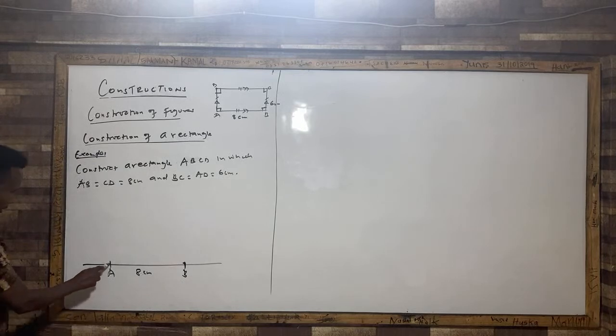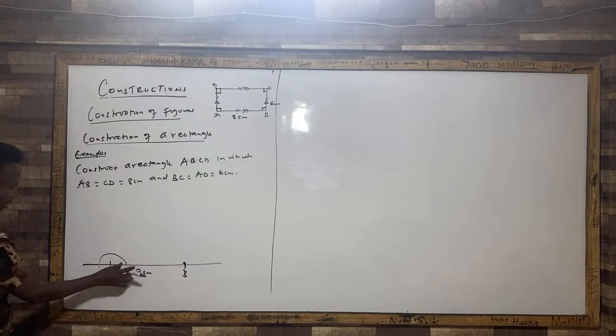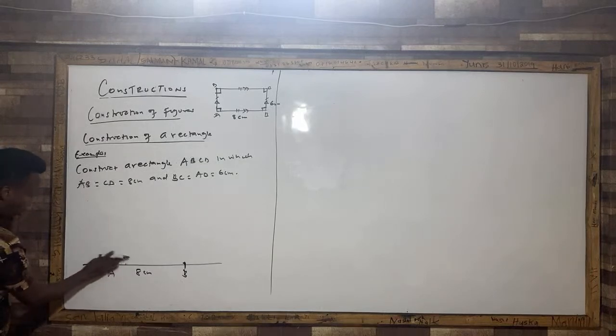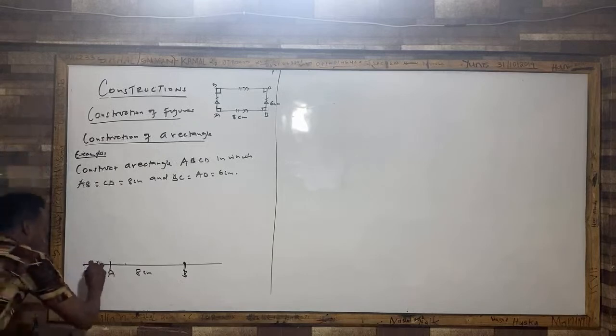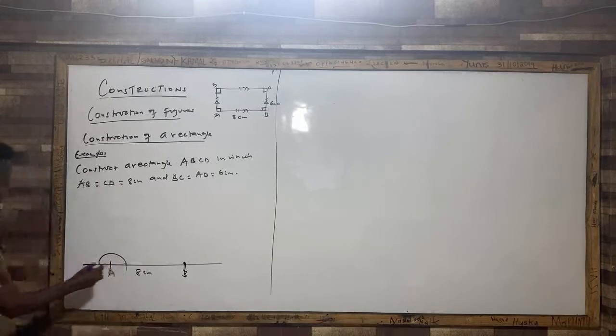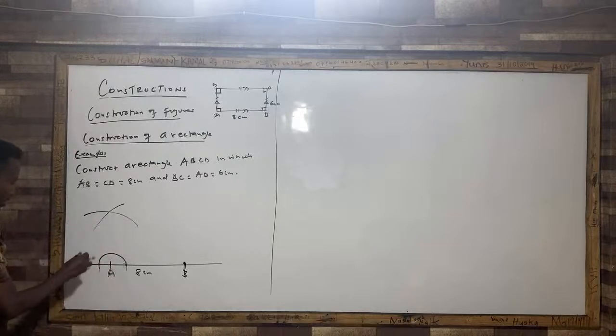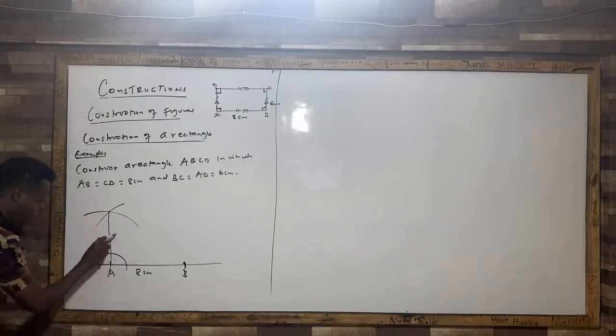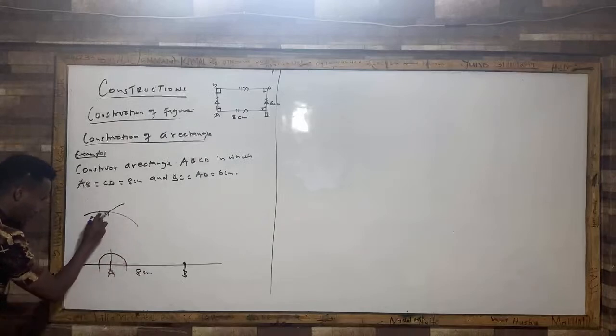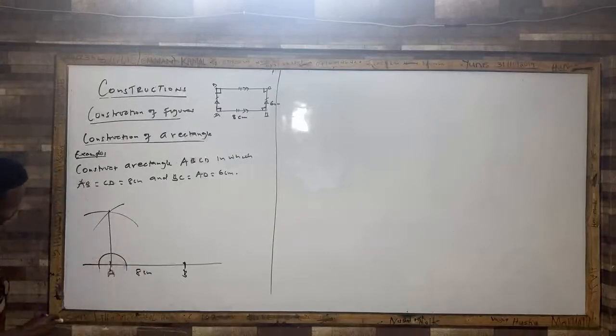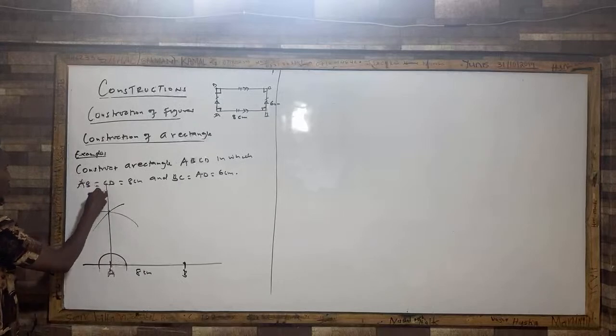At these two points, draw an angle of 90 degree, or get a pair of compass, because this is a sketch. Draw one arc here, another here, and join these two points. Remember this is a sketch, you can produce this one up there.